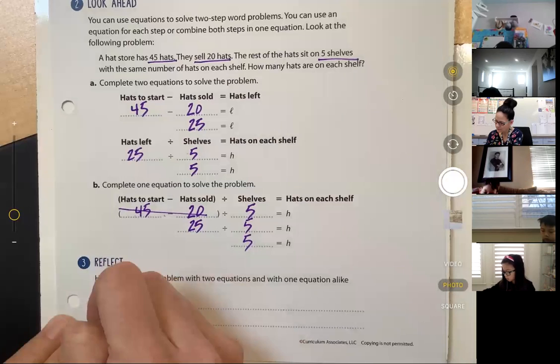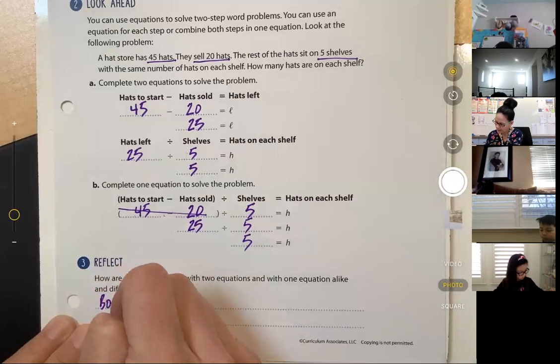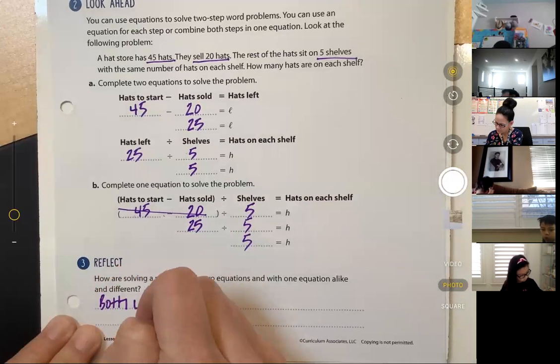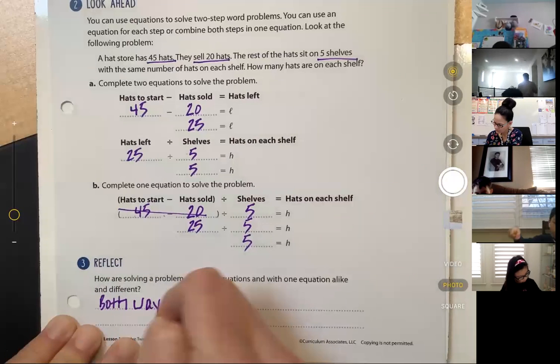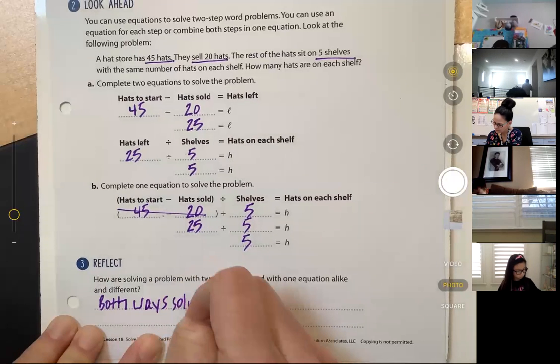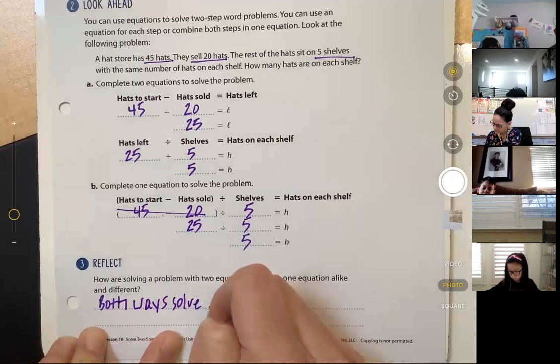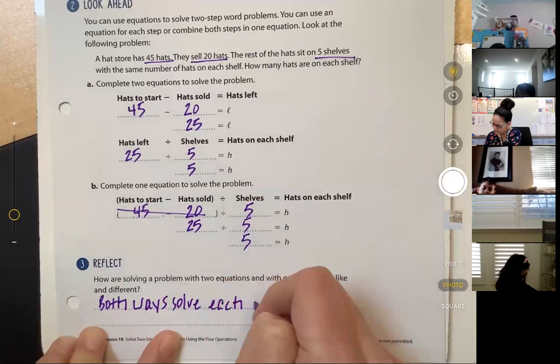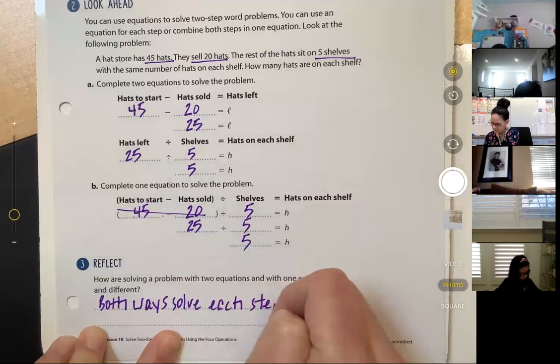So both ways solve each step in the problem.